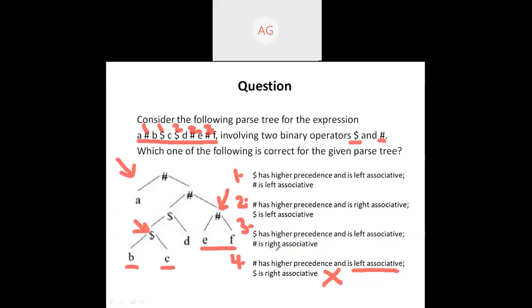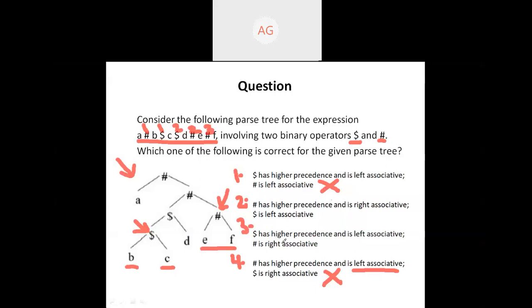So just choose the option. Out of these four options, two options are available to us: the second and the third, which can be correct, and we eliminated the first and the fourth option.